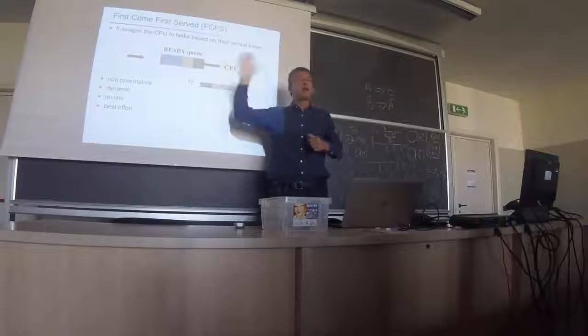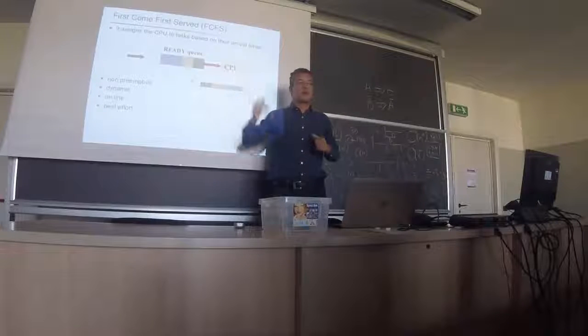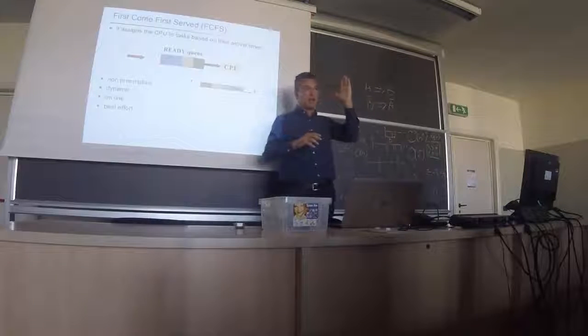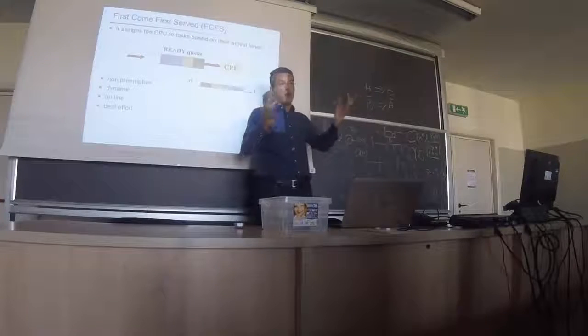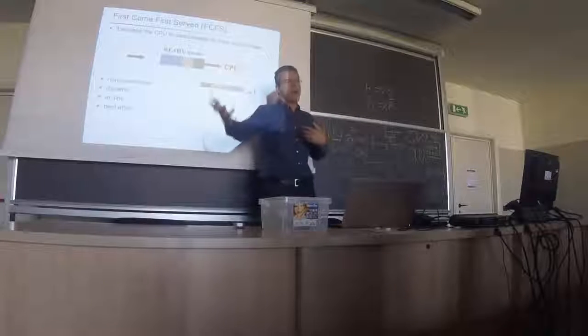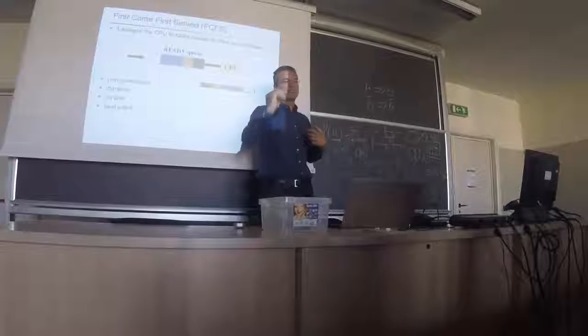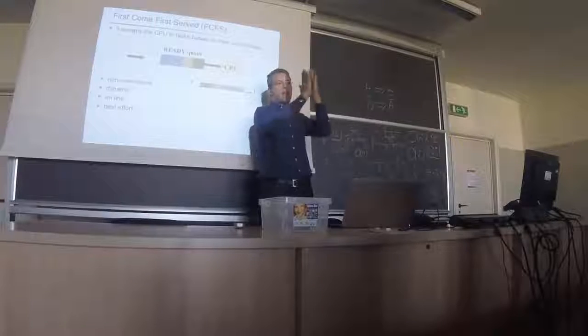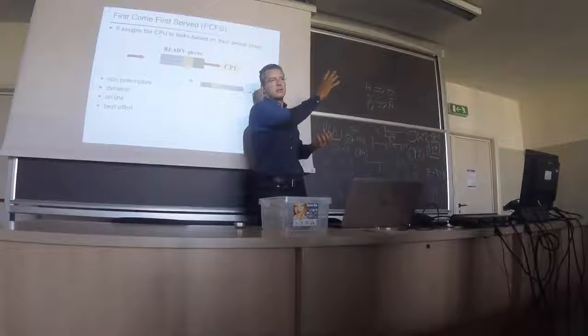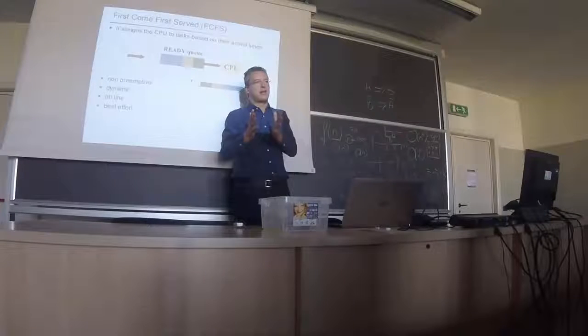EDF, earliest deadline first, computes decisions based on absolute deadlines. I know the absolute deadline only when the job arrives. Then I know its deadline. Again, this is a dynamic scheduler. Instead, if I base my scheduling decision on relative deadlines, these I know before the task arrives. I know that the task has a relative deadline of that value.